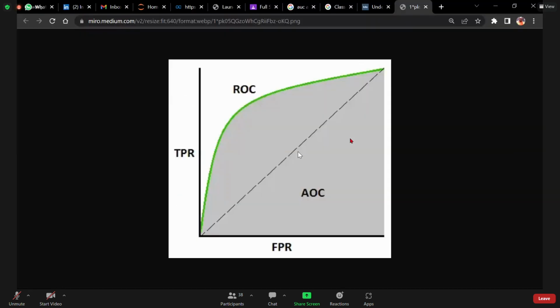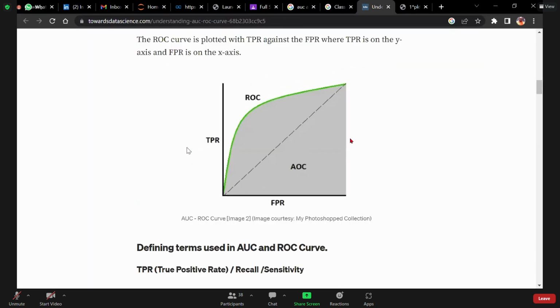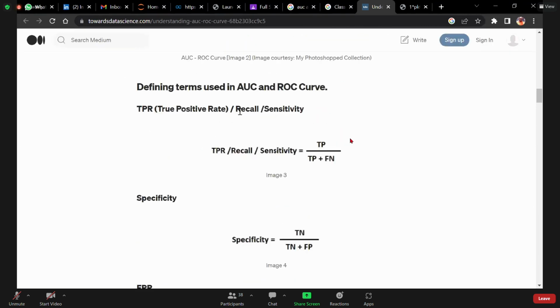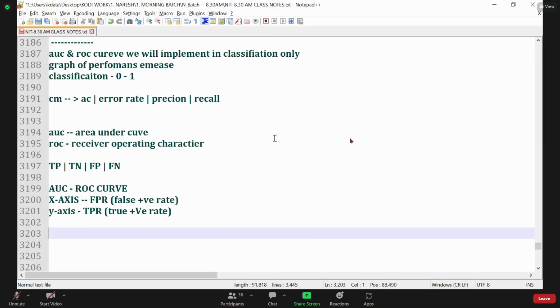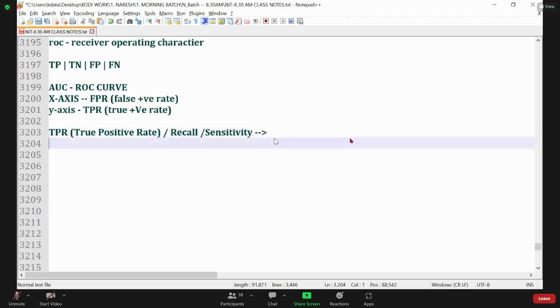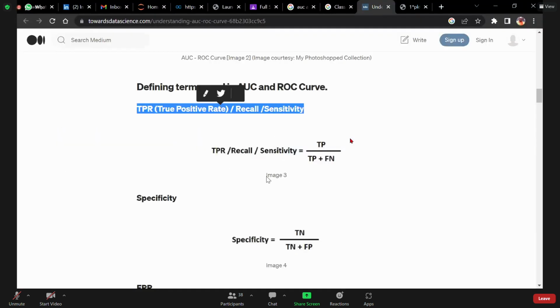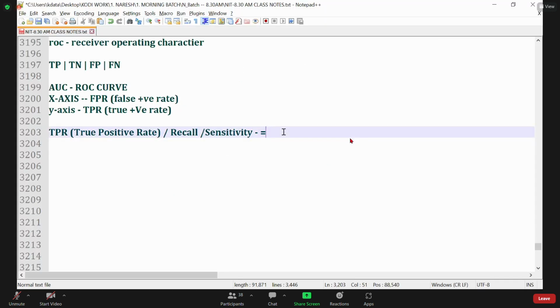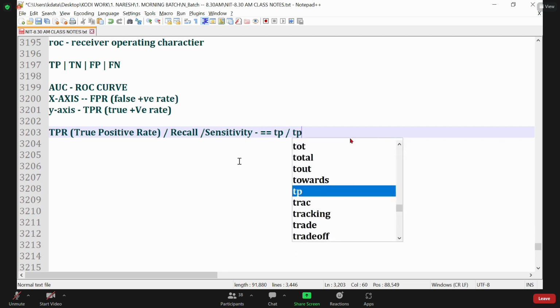Before I give you the math equations behind this, let's understand. TPR, true positive rate, is also called recall, also called sensitivity. So, three questions. What is the difference between sensitivity and specificity? The formula is TP by TP plus FN.